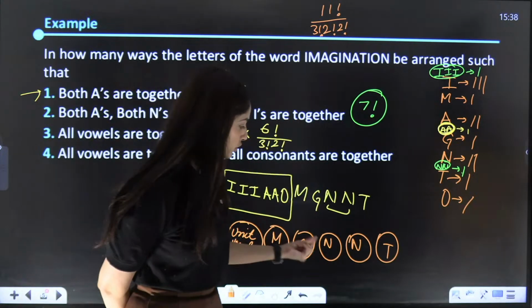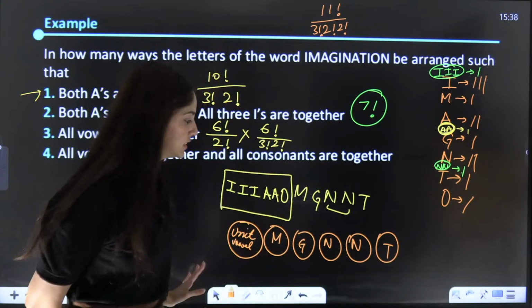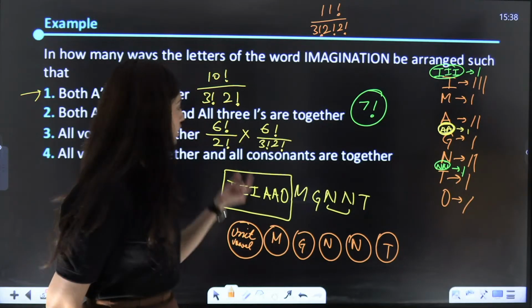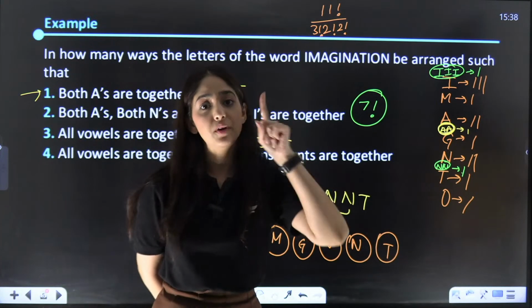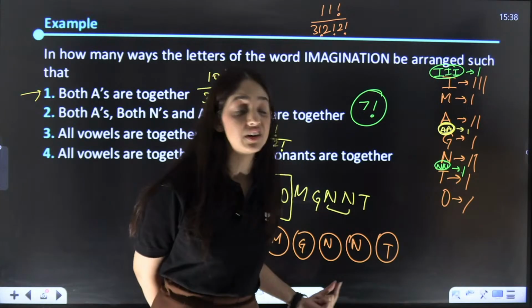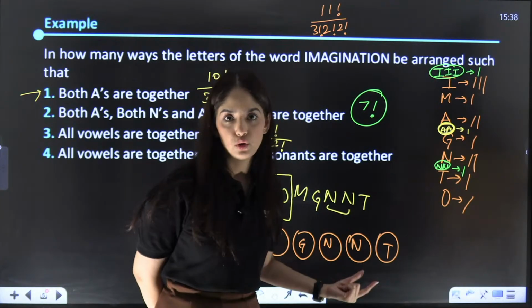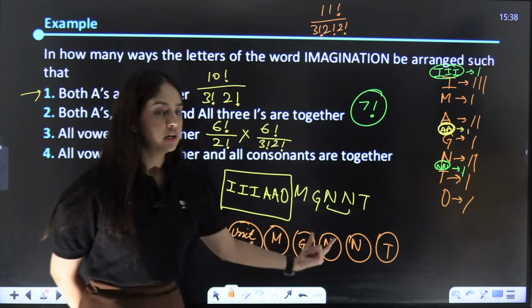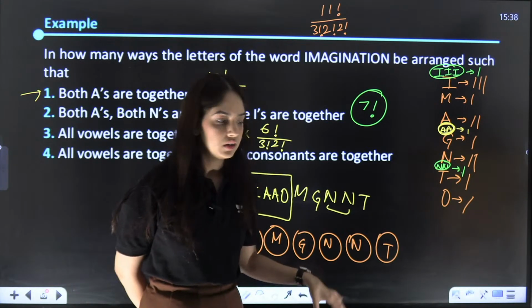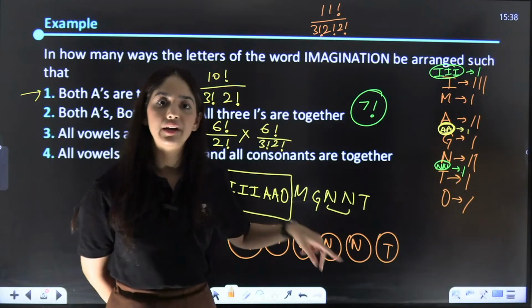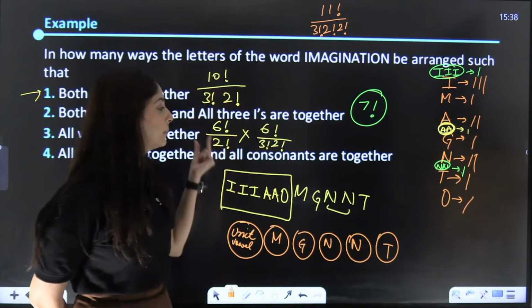So 1, 2, 3, 4, 5, 6. I have to arrange these 6 objects. So 6 factorial. But 2 of them are identical. We remember from our permutation lecture that whenever we have a repetition, we have to divide it by the number of repetitions there are, right? So because the N is appearing twice, we have to divide it by 2 factorial.